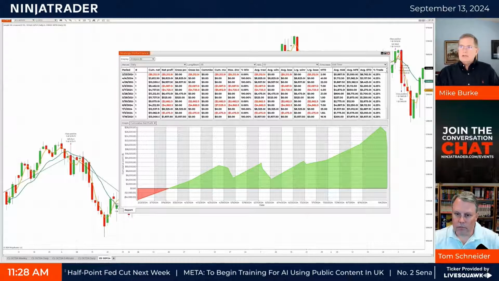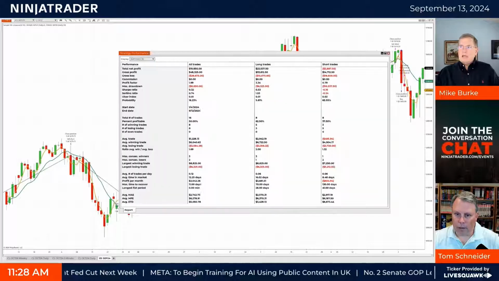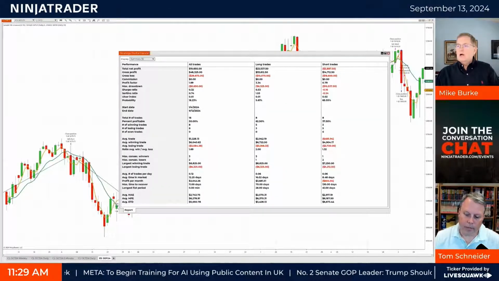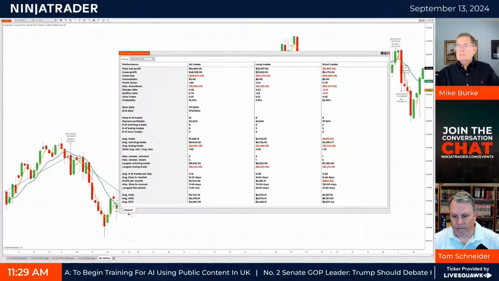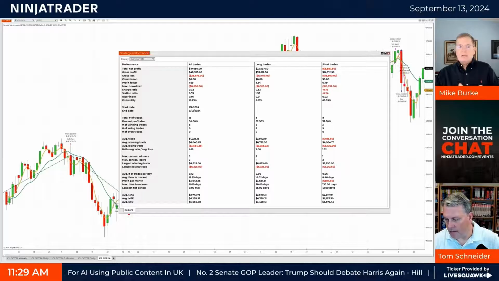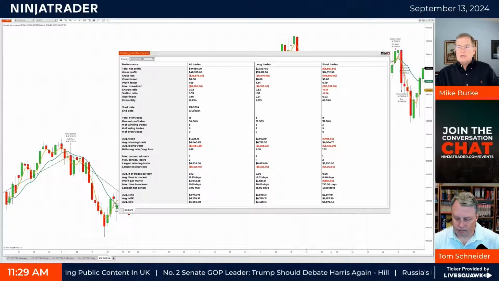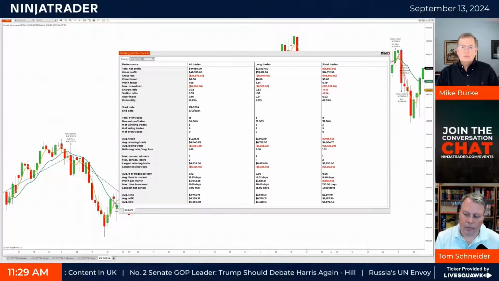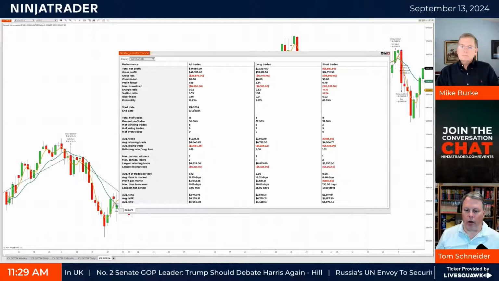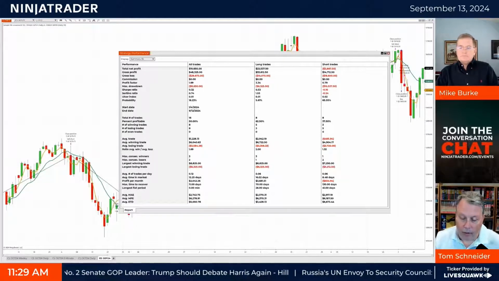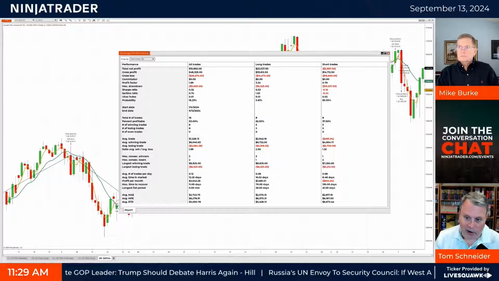Tom, I'm going to go back to the summary tab and let's talk a little bit about some of the risk measures here. We talked about max drawdown, but let's talk about a trade by trade risk measure, which is maximum adverse excursion. Right. So think of max drawdown as maybe the biggest move where it went against you.